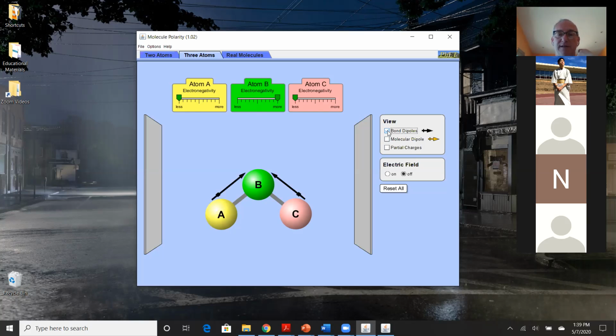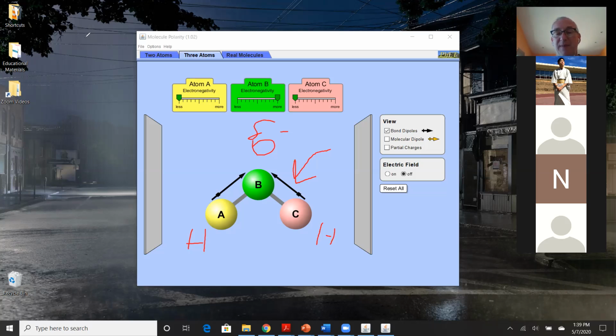You see that the bond dipoles are oriented along the bond because they're the dipole between those 2 atoms. So we can see over here that between the oxygen and the hydrogens, the dipole is going to be pointing toward the oxygen because it has a partial negative charge, right?